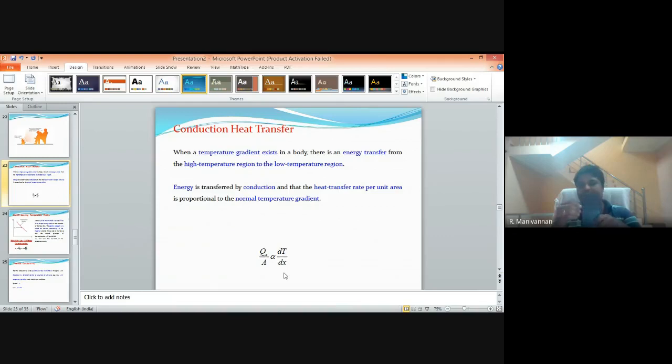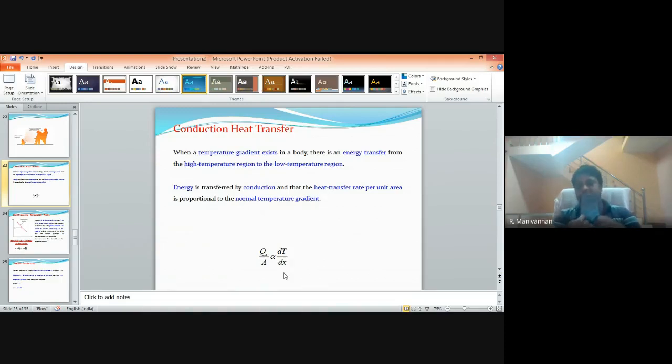And the temperature gradient exists. That means the temperature at each and every point with respect to x. Say for example, if I take this direction as x, and the temperature at each and every point is not the same, it is decreasing, then there exists an energy transfer from the higher temperature region to the lower temperature region. If the temperature gradient does not exist, what does it mean?